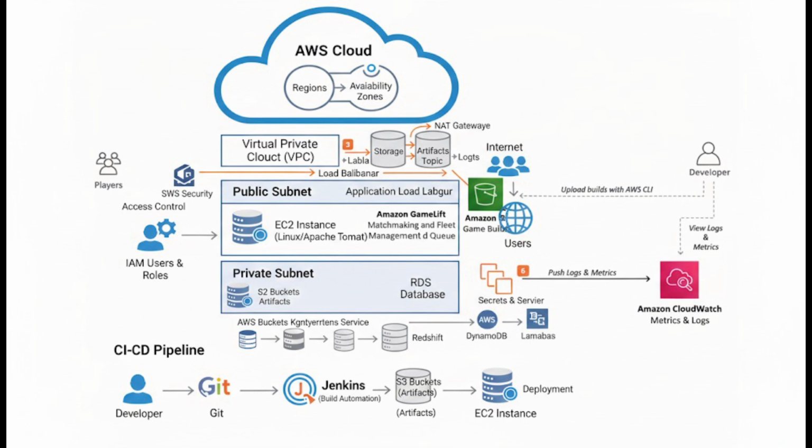IAM ensures secure access to AWS resources. It gives permissions only to a few people. Users are individuals here, and we also have groups, which are collections of users, and we assign them roles like temporary access, and we give them policies that are permission based.